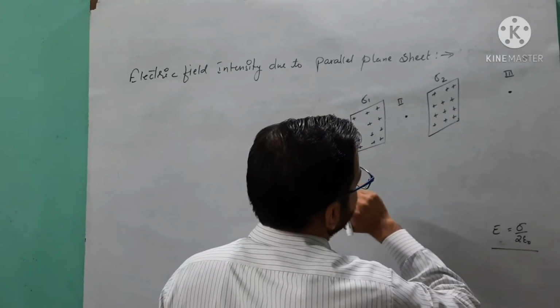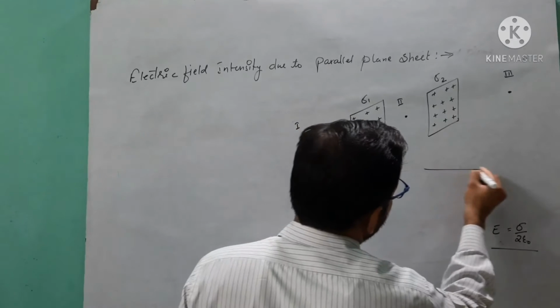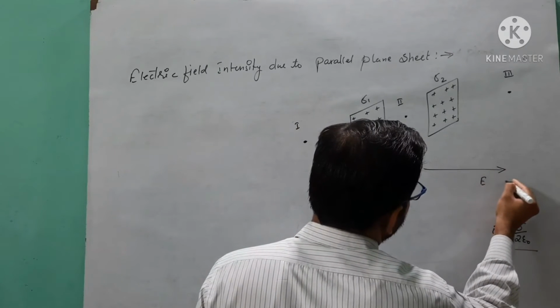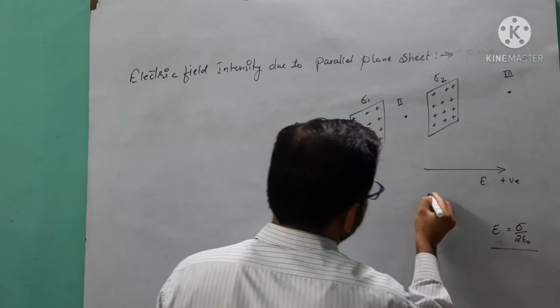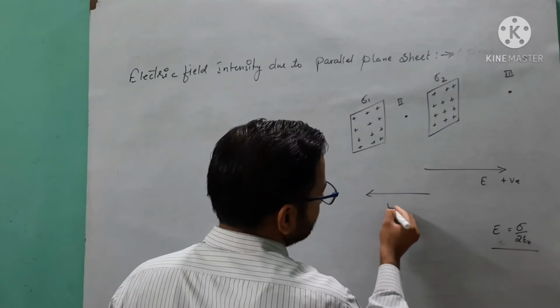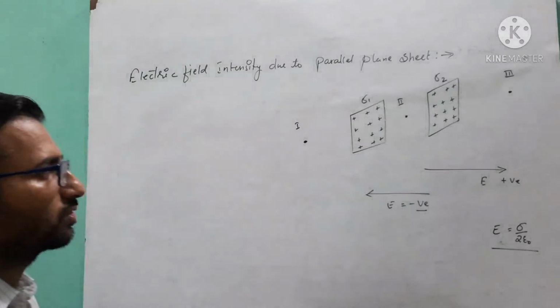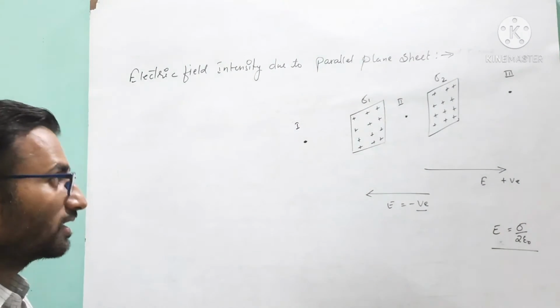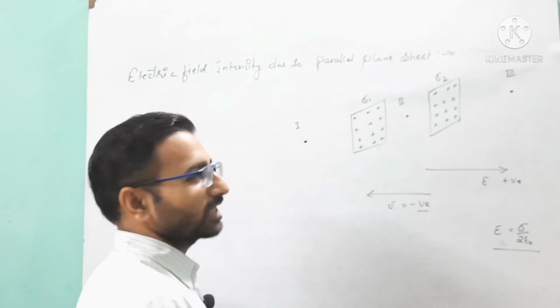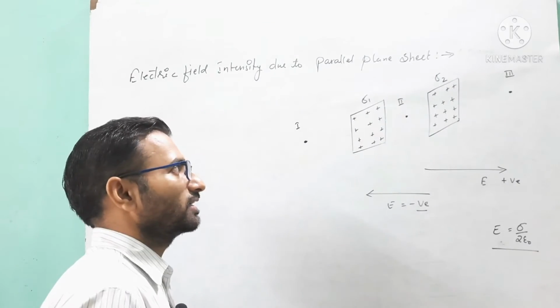Let us consider the electric field in the right hand direction as positive and the electric field in the left hand direction as negative. Note this point, we will consider this concept here so that we can easily calculate the electric field intensity.